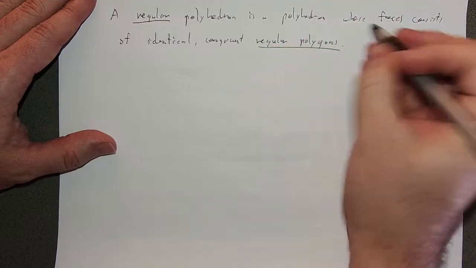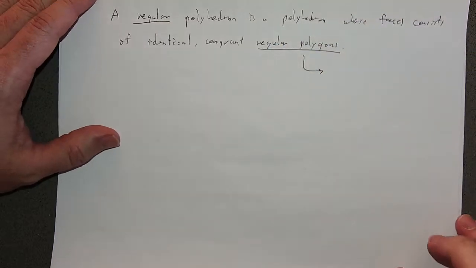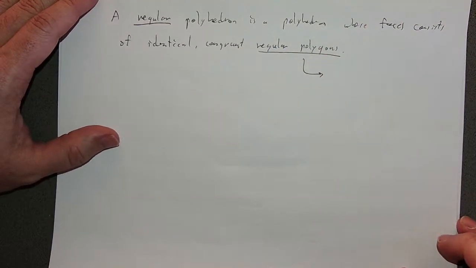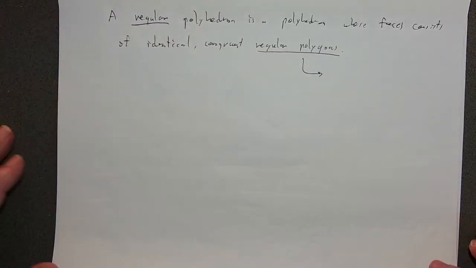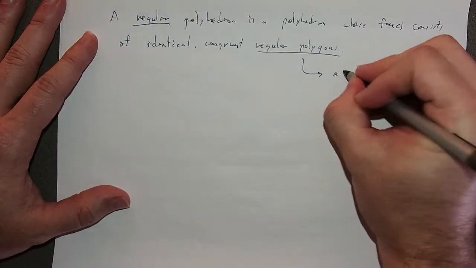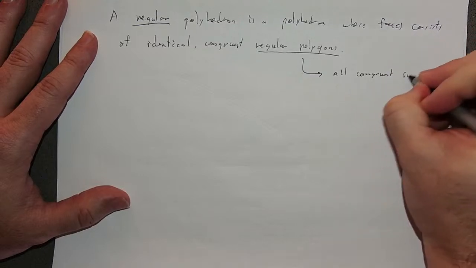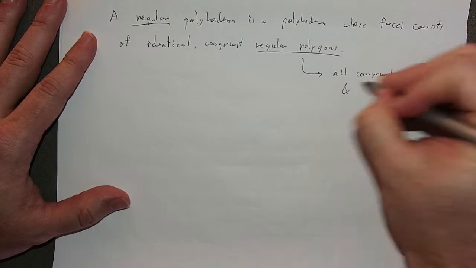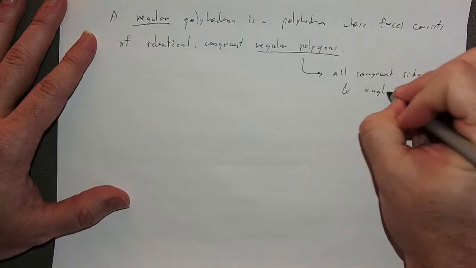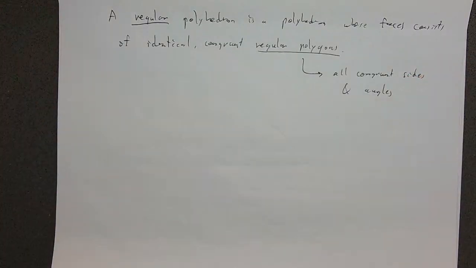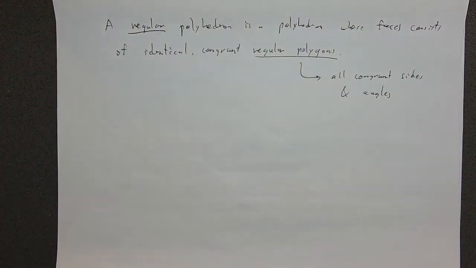What is a regular polygon? A regular polygon has all congruent sides and angles. So regular three-gons are equilateral triangles. Regular four-gons are squares, right?